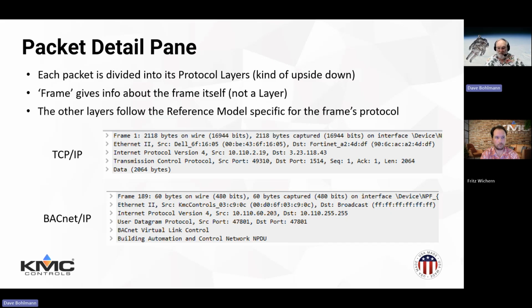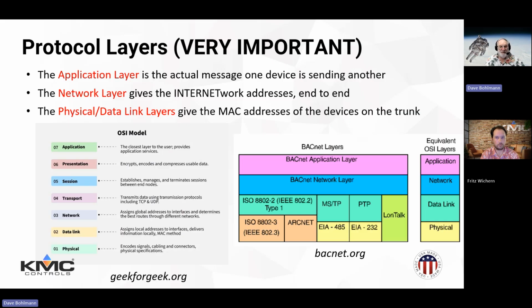But this follows what we call the protocol layers, and it is somewhat helpful to understand what that is. For the internet, we call it the OSI reference model. Each layer kind of adds its own stuff to your message.